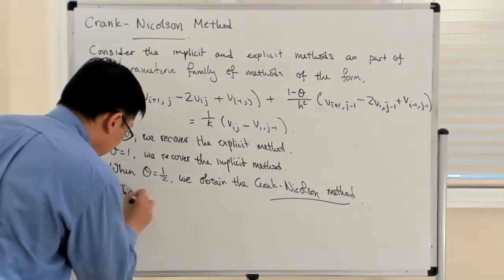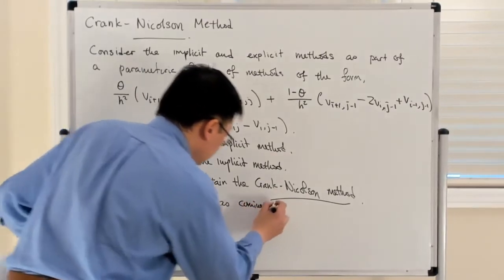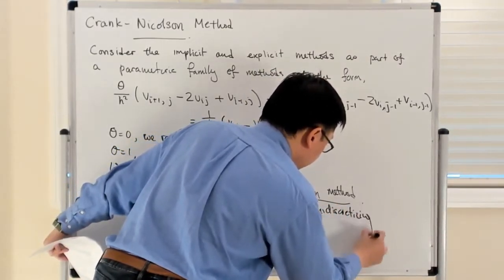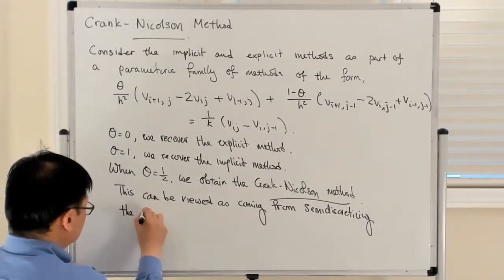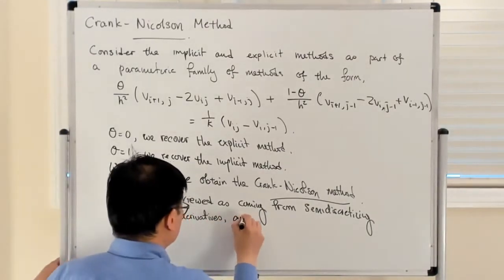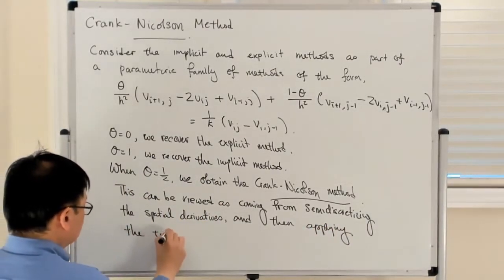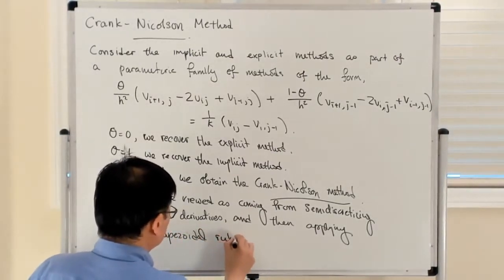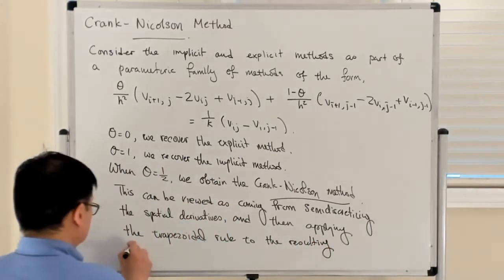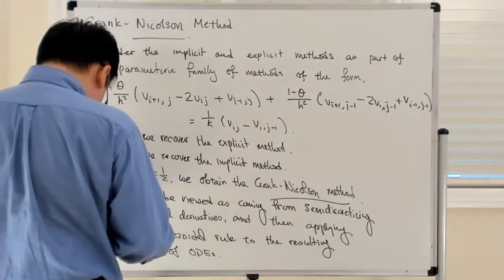So this can be viewed as coming from semi-discretizing these spatial derivatives, and then applying the trapezoidal rule to the resulting system of equations. Okay. All right. So anyway, this is what is called the Crank-Nicolson method.